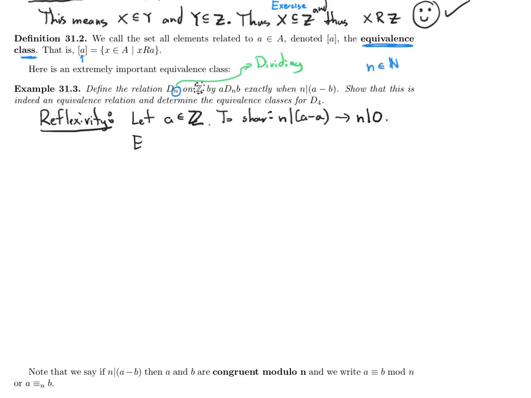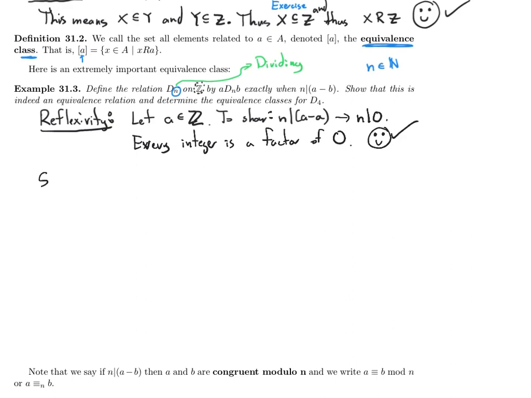But every integer is a factor of 0, because you can always write n times 0 equals 0. So what does that mean? So it is indeed reflexive. Awesome.